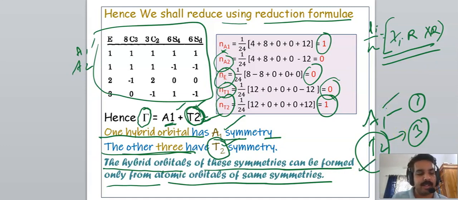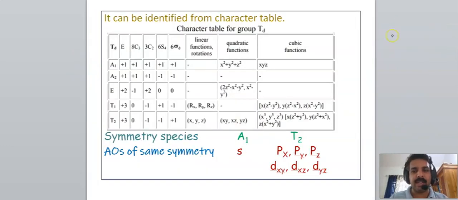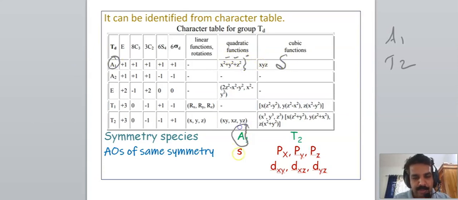The atomic orbitals having A1 and T2 symmetry can be easily found from the character table. This is the A1 representation: x squared plus y squared plus z squared, that is the s orbital. So the s orbital belongs to A1 symmetry.